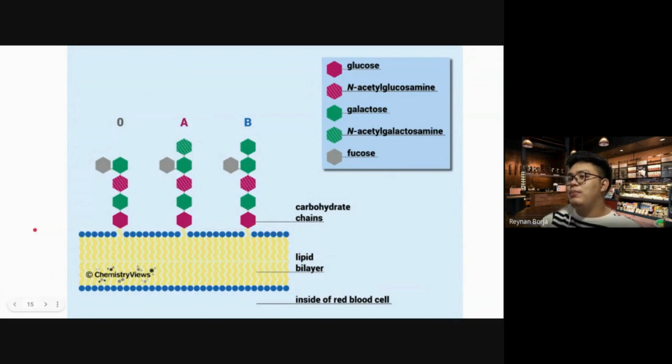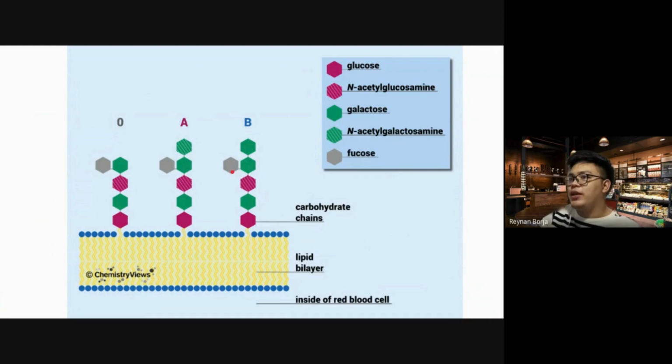Tama? Cell membrane. Naka-attach yung oligosaccharide chain, which is your glucose, your galactose, your N-acetylglucosamine, galactose, and your glucose.